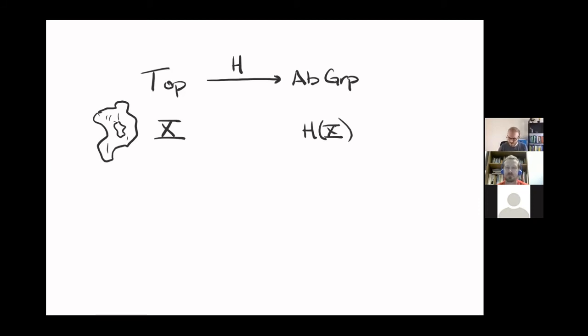It's going to have some elements that I can add and subtract to each other, and that will have some algebraic structure.